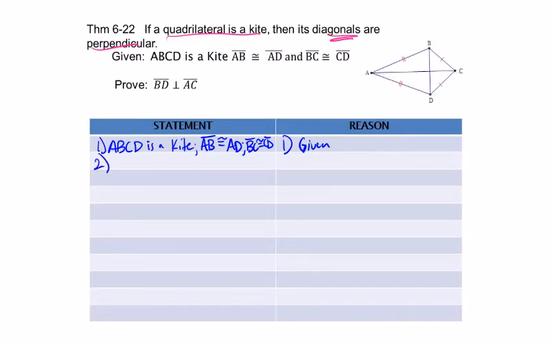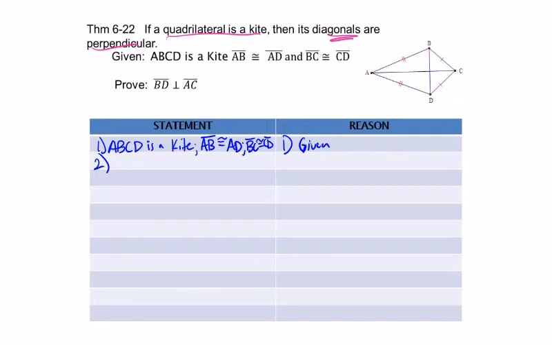All right, so let's see. We're trying to find perpendicular, so we want to either prove that they're right angles or prove that they're supplementary and congruent. Maybe we could do that. So let's see, what's the best option here?